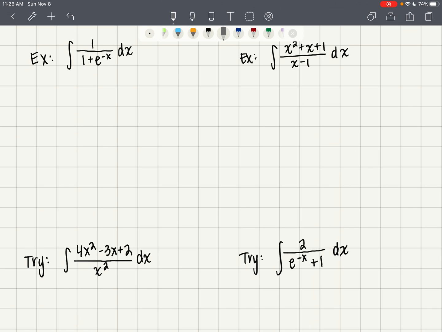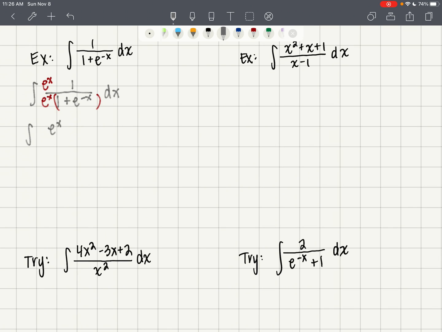And you wouldn't know to be creative in this way, and that's why I'm going to show you that when you have something like 1 over 1 plus an exponential, we're going to multiply both the numerator and the denominator by e to the x. So that's just multiplying by 1 inside the integral, which is completely allowed. We're just going to change what it looks like. We're not going to change its value.